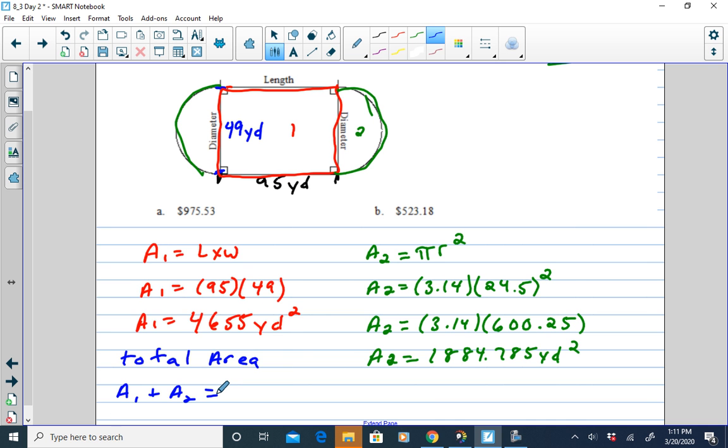So my total area is going to be equal to, let's see, 4655 plus the 1,884. That's going to be 6,539.785. These are square yards. That's the total area.